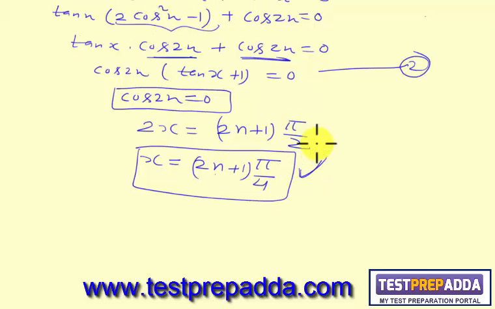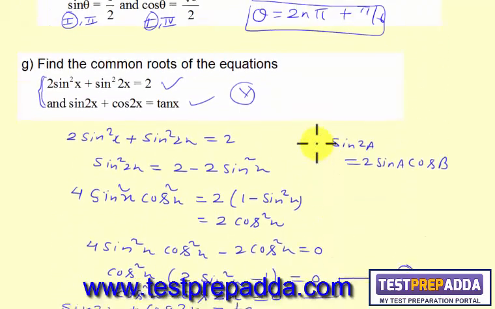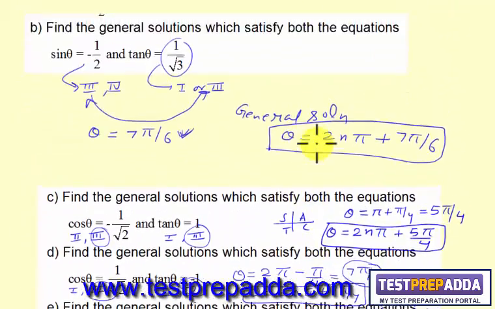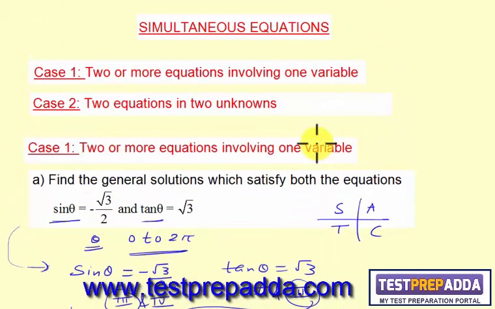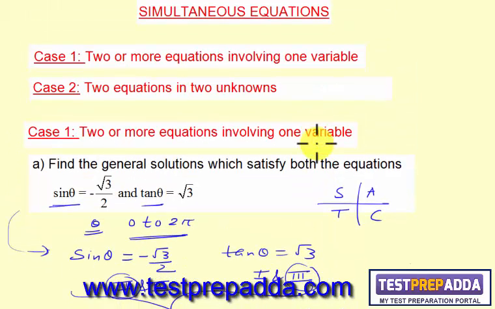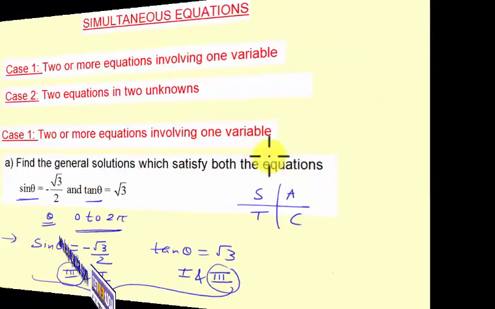So students, in this session we discussed category 1 of simultaneous equations, where two or more equations involve one variable. Now in the next video, we will talk about simultaneous trigonometric equations where there are two equations with two unknowns. Okay, thank you.